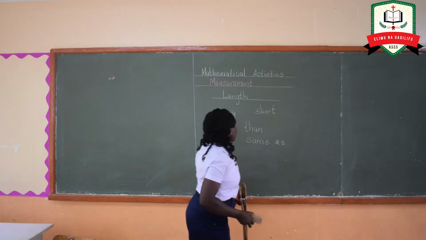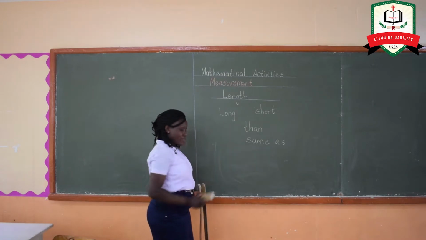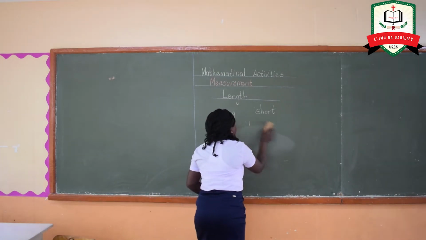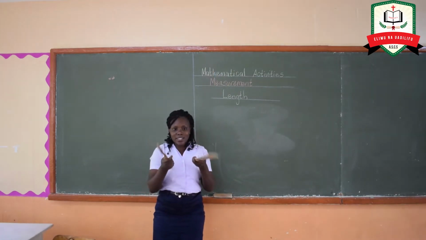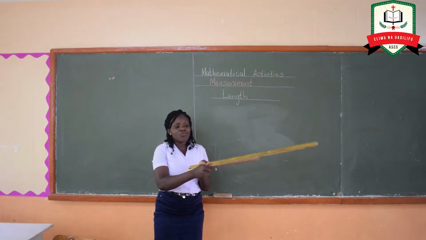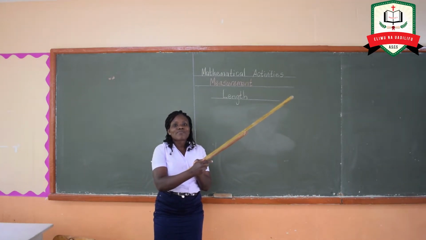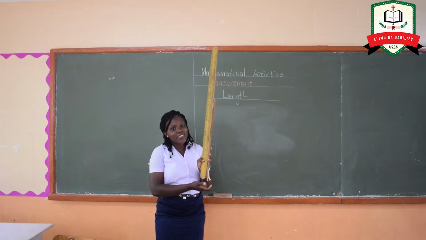You're going to use the word long or the word short or the word same as. Look at the ruler and look at the stick. Which one is longer? Can you see that, children? Very good.